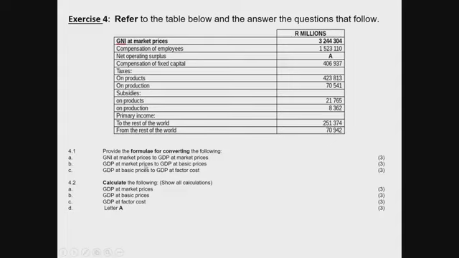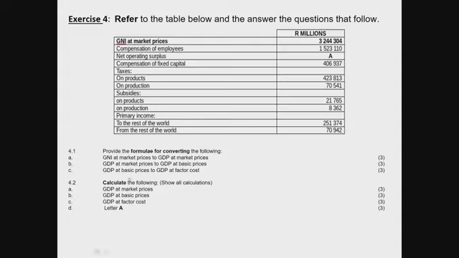Then to go from GDP at market price to GDP at basic price. Now normally we work the other way around, so we're working back once again. So you start with your GDP at market price, and you're going to add your subsidies on products minus your taxes on products to give you your GDP at basic price.